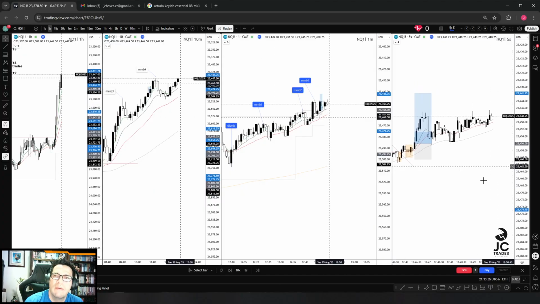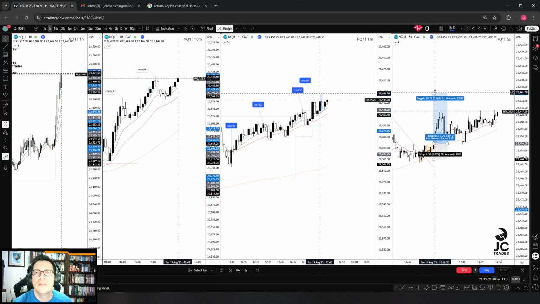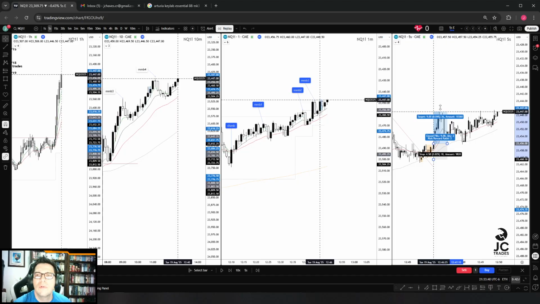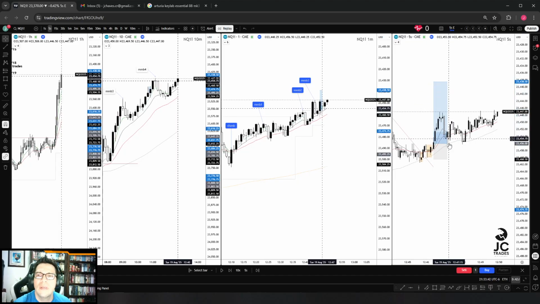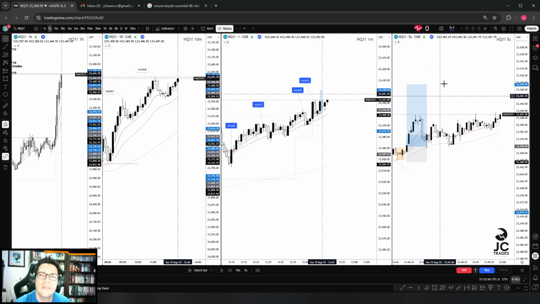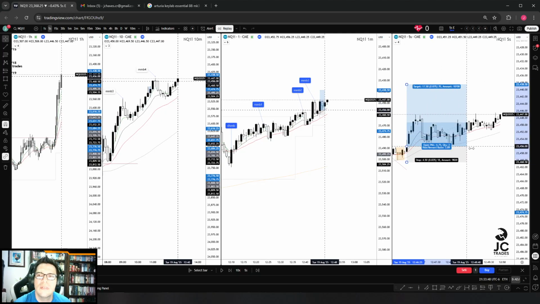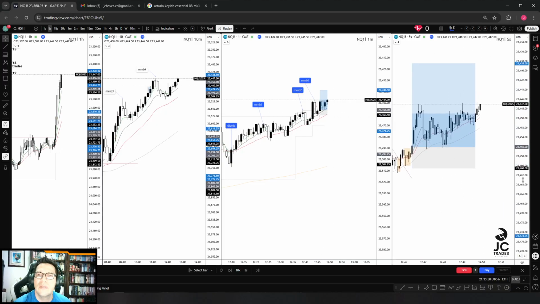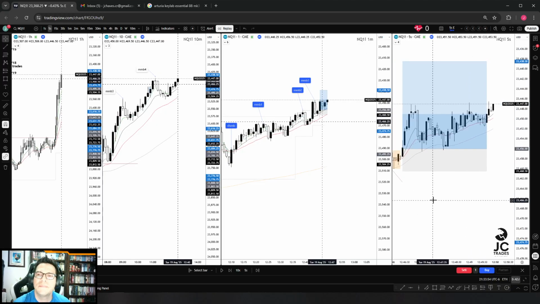Here we went up to 1R and came back to break even, as we had no chance before to break even. So this is still at this point at full risk.